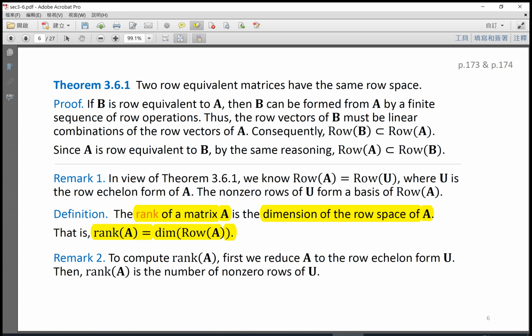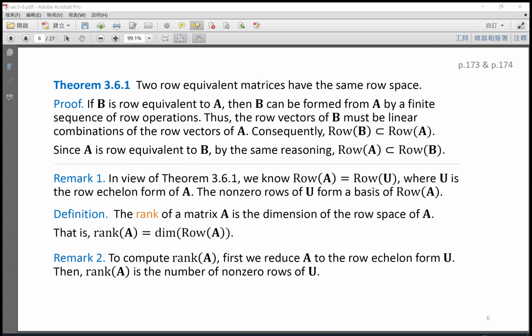From Remark 1, to compute rank A, first we reduce A to its row echelon form U. Then rank A is the dimension of row(A) and also the dimension of row(U), which is the number of non-zero rows of U.